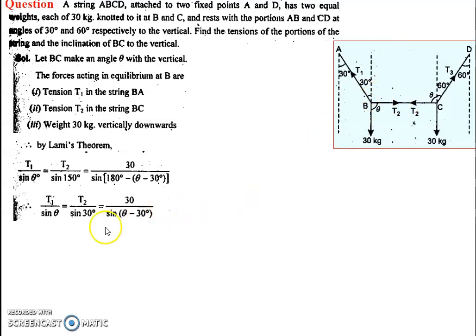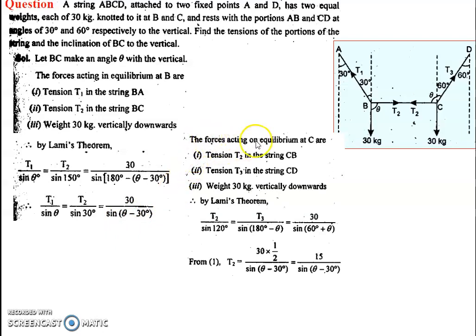So this is T1 by sine theta, T2 by sine 30, and 30 by sine of (180 minus theta minus 30). The forces are in equilibrium at C too: tension T2 in the string CB, T3 on CD, and 30 kg vertically downward.